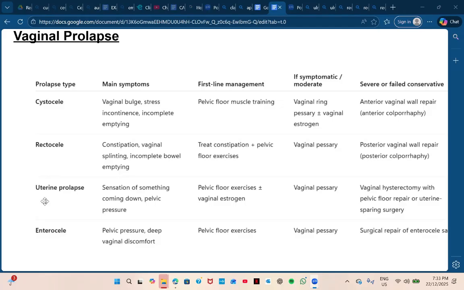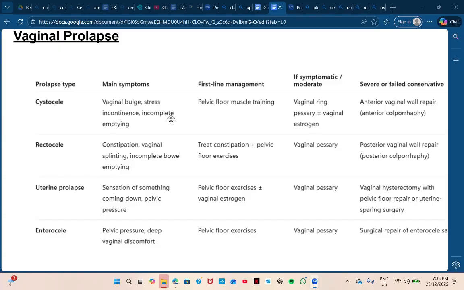Uterine prolapse means a sensation of something coming down, like pelvic pressure, due to the uterus going into the vagina. Enterocele gives pelvic pressure and deep vaginal discomfort. Mainly they ask about cystocele and rectocele.